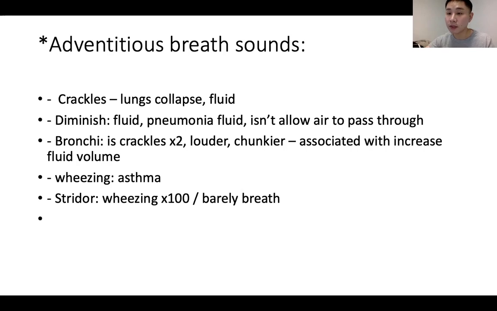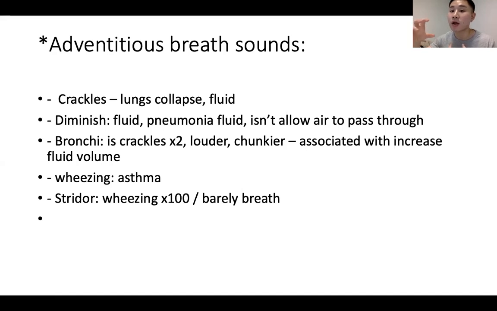Stridor is really, really bad. Stridor is wheezing times 100. Wheezing is bad enough that the patient can barely breathe, but stridor is kind of completely obstructed, like the airway is obstructed.